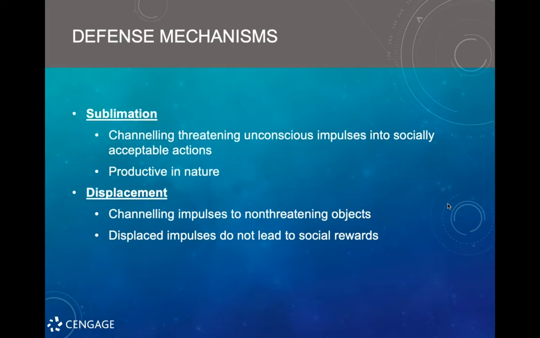The second is sublimation, and this is channeling threatening unconscious impulses into socially acceptable actions. So sublimation is more like, if you're having some impulses, instead of acting on them, which is not allowed by society or by your own upbringing, you channel it towards doing more socially appropriate things.